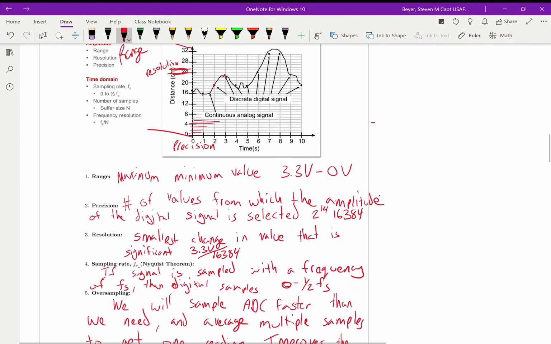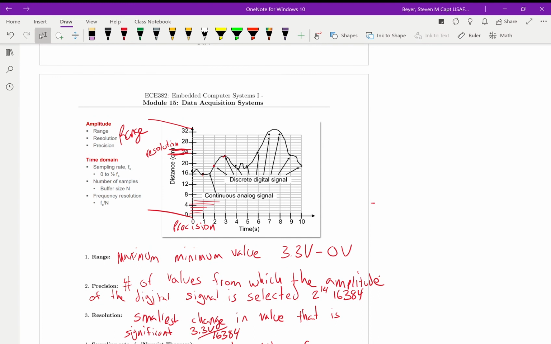All right, so that's our kind of theory behind the analog to digital converter. We're going to get these analog voltages. We're going to sample them at a certain rate, and we're going to convert them at a certain rate, sampling rates based off of our ADC analog to digital converter.